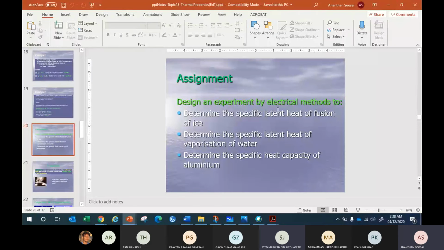So that is your latent heat of fusion of ice, and finally, determine the specific latent heat of vaporization of water. What does it look like? Try to imagine.